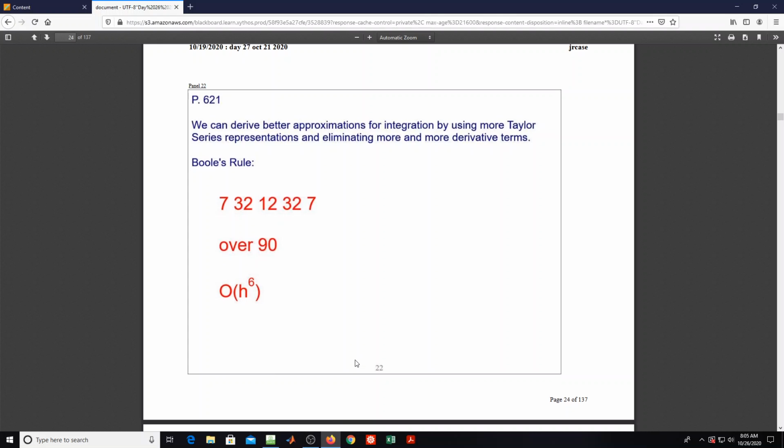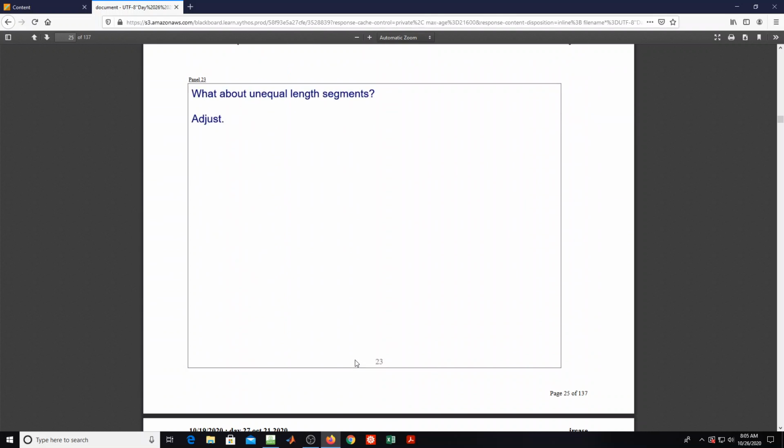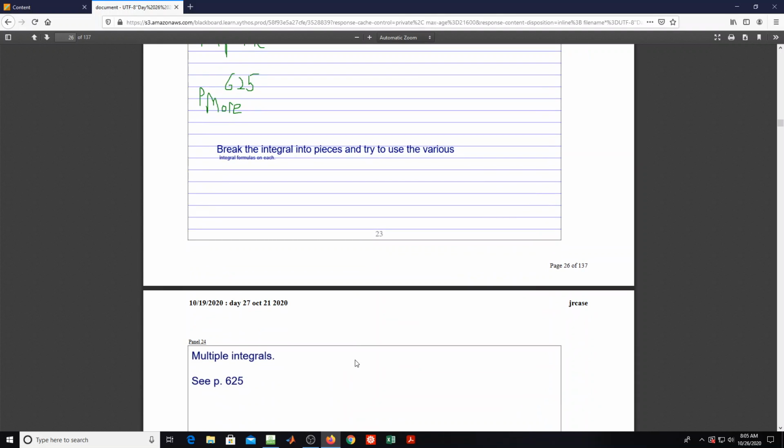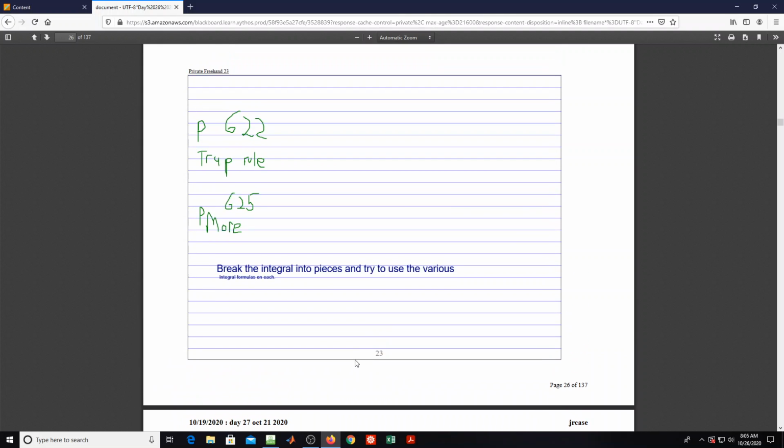Just get the right weighted average. If we have unequal length segments, that's where you have to adjust. You might have to do 3/8 on one side, 1/4 on the other side, 1/8 on the other side, and other things. So that's not such a great thing. Again, you try to break the integral into pieces and use the various rules on those subintervals.